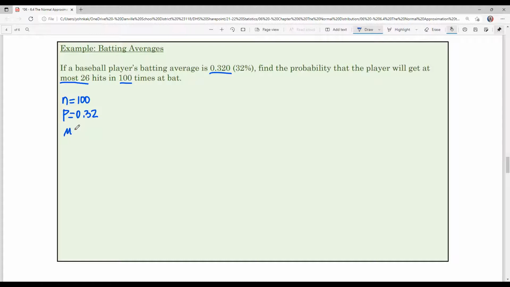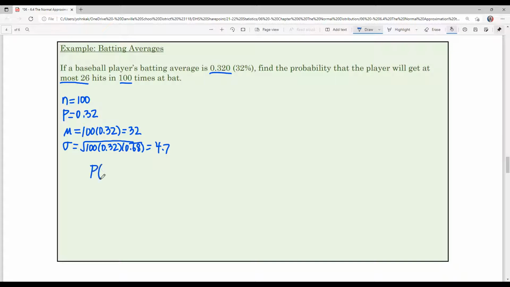So I can find my mean number of hits by doing 100 times 0.32, which gives me a 32. My standard deviation is equal to the square root of 100 times 0.32 times 0.68.